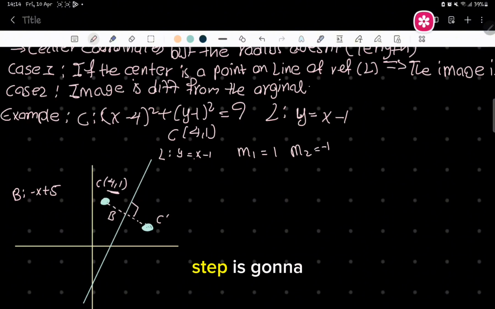Our next step is to solve for this particular point, which we will call small letter b. Now we are going to make a system of linear equations using the line of reflection and the equation of B, which is y equals x minus 1 and y equals minus x plus 5.